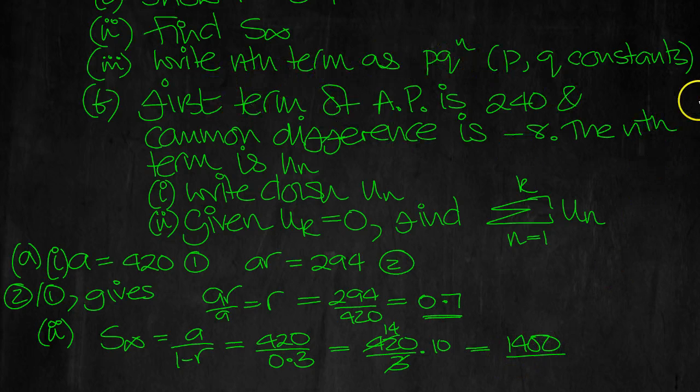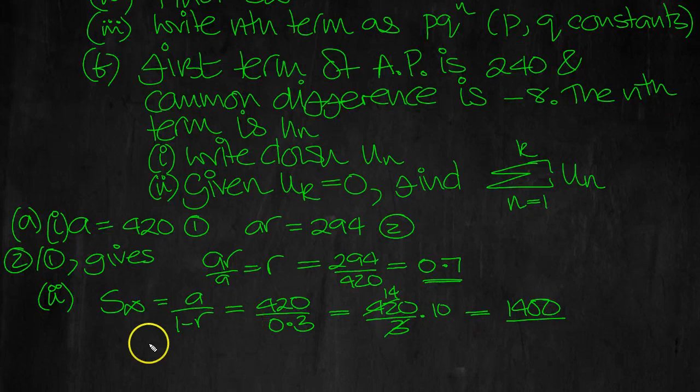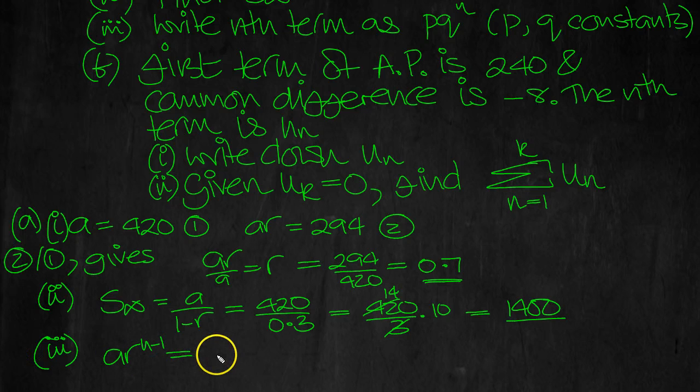Write the nth term as pq to the n, part 3. The nth term then will be ar to the n minus 1. So that would be 420 times 0.7 to the n minus 1, which is equal to 420. We want n, don't we?